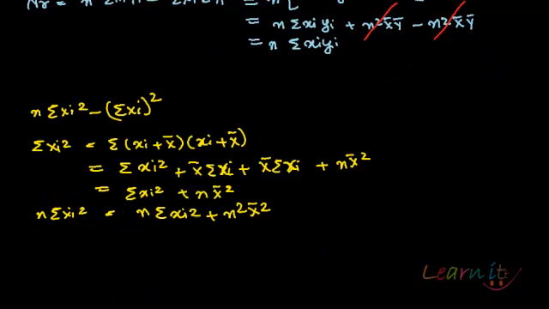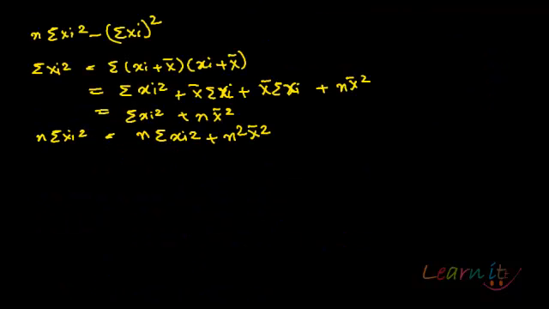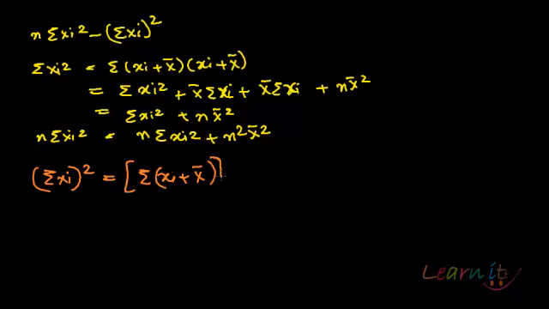And n into summation Xi square would be n summation xi square plus n square X bar square. Clear? While what would your summation Xi whole square be? It would be summation xi plus X bar whole square. Okay? Well, that would be summation xi plus nX bar whole square. Now summation xi is 0, so this makes it n square X bar square.